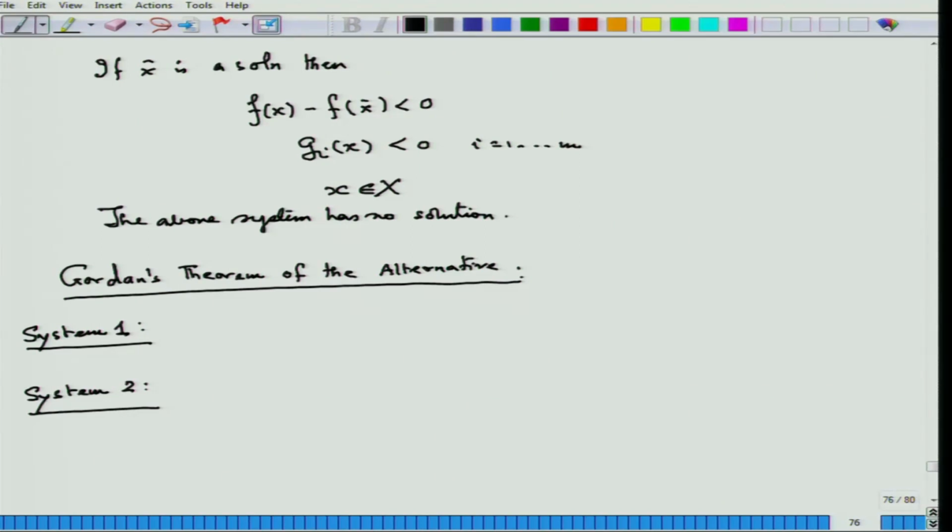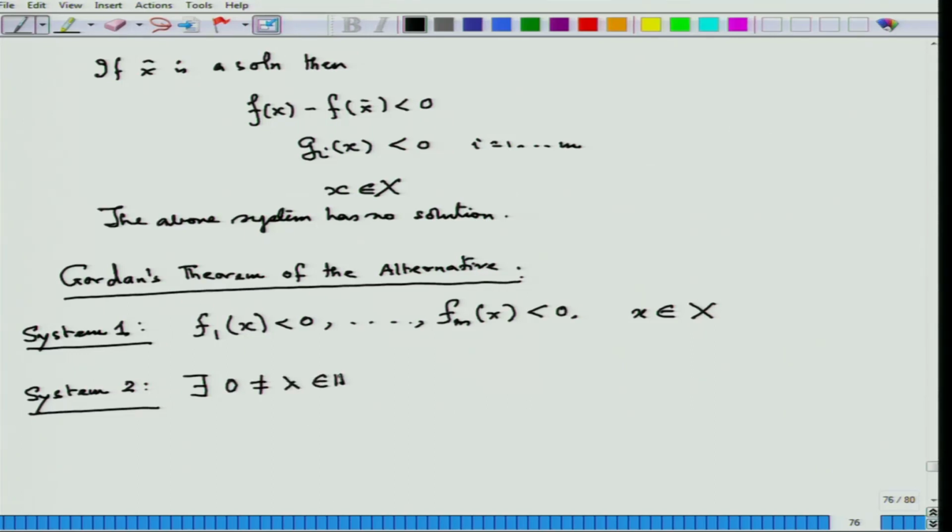For the Gordan's case, I have m convex functions from R n to R. This system means: find an x for which all of these convex functions are strictly less than 0, and there exists lambda not equal to 0, an element of R m plus, such that lambda 1 f 1 x plus up to lambda m f m x. This theorem is a consequence of separation principles.